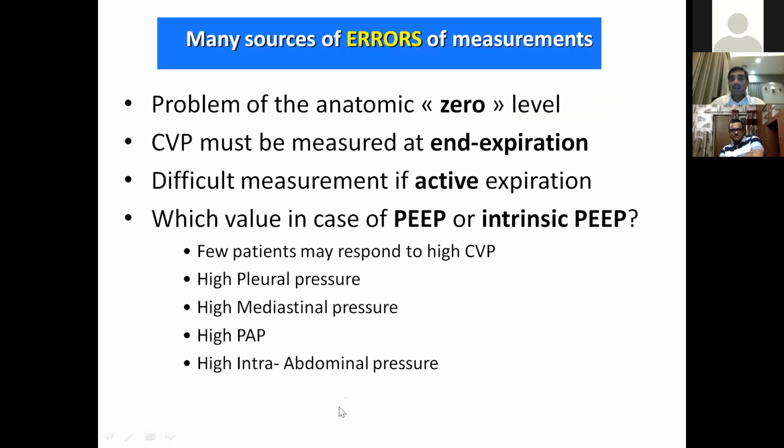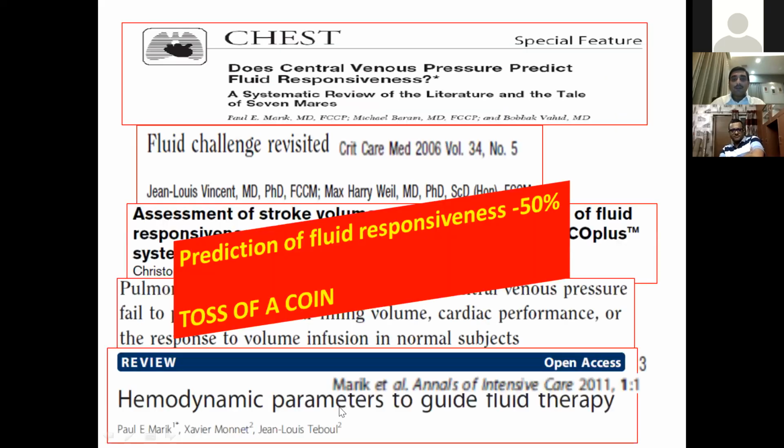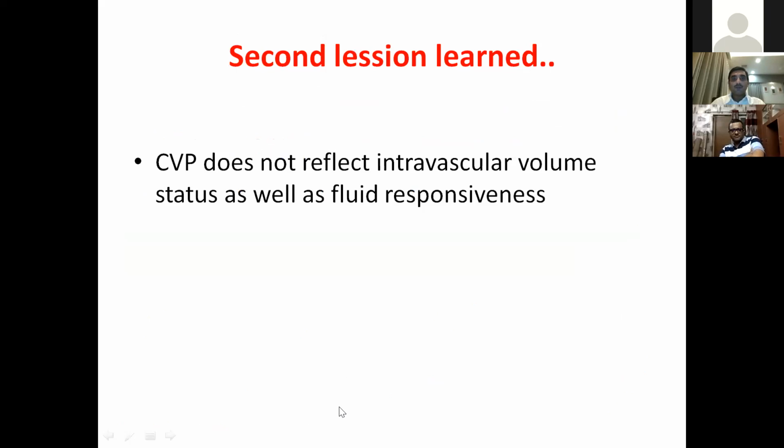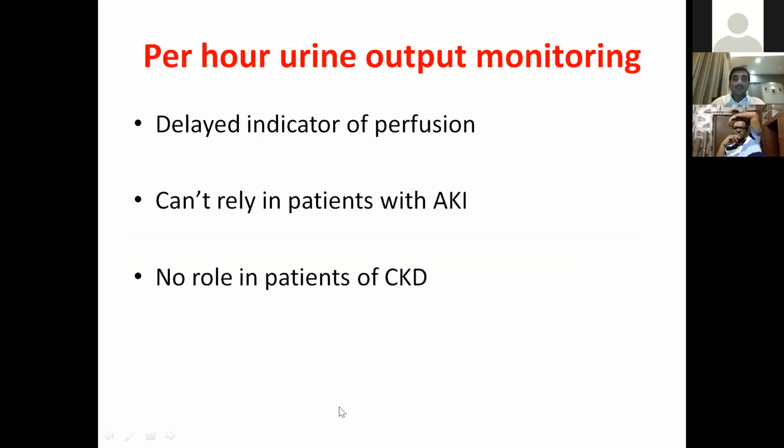Actually, it is not true, and I won't go into detail of errors of measurement, right from positioning to confounding factors. There is enough literature that prediction of fluid responsiveness is no better than 50%. Our clinical decision making is like the toss of a coin. So the second lesson learned: CVP does not reflect intravascular volume status, nor fluid responsiveness.